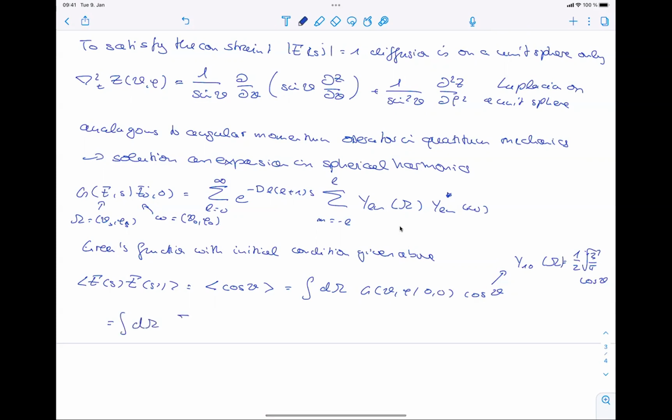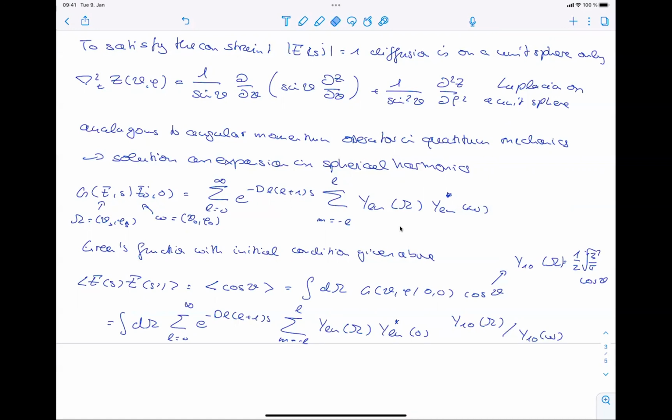To solve the tangent-tangent correlation, we spell this out, just copying down the Green's function from above. Sum over L, sum over M from minus L to L of Y_LM of omega times Y_LM of 0, and then writing this as Y_10 of omega and normalizing it by the 0 state, just to take care of the prefactors.